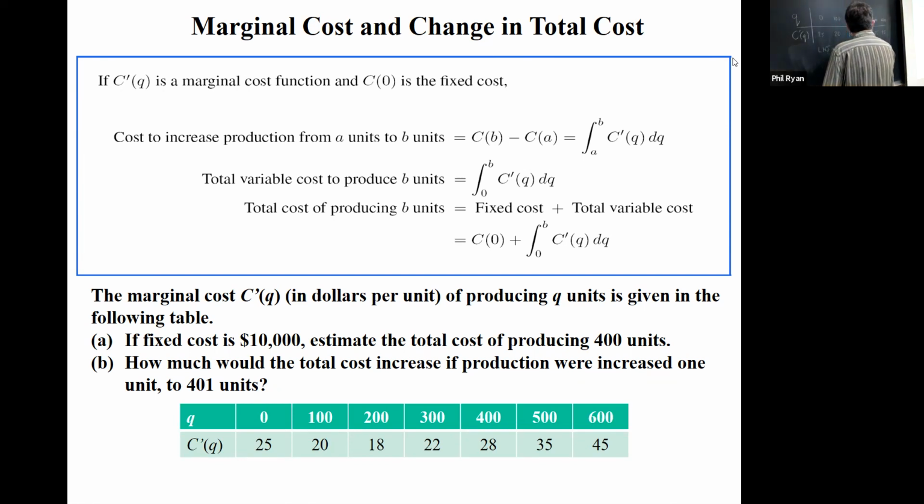And the sum is going to be 25 plus 20 plus 18 plus 22 plus 28 plus 35. And we don't include 45, right? Because we're going to count this interval twice.